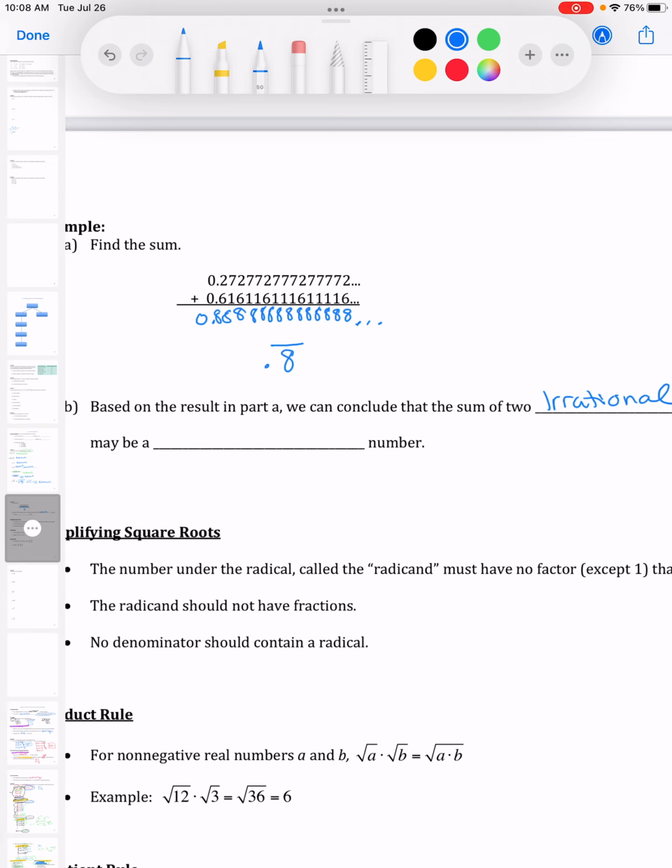Anything that can use that repeated means that can be written as a fraction. And so that means that my answer is a rational number. So these irrational and rationals are super intertwined all together there. Just because I start with two irrational numbers, there are special times when I can come up with rational like this. Now, there are tons of times you might be thinking that doesn't always work. You're totally right. It doesn't always work. But there are times, that's where we wrote may, give us the answer that is rational on there.